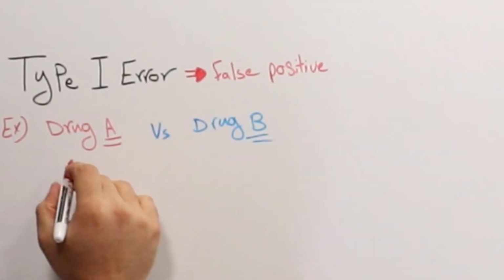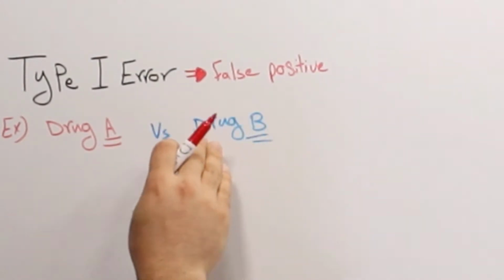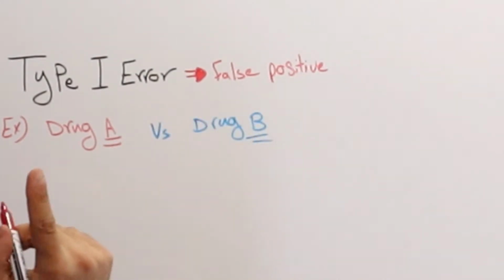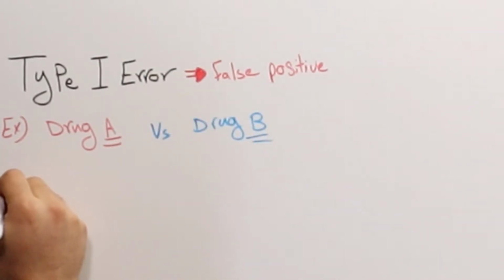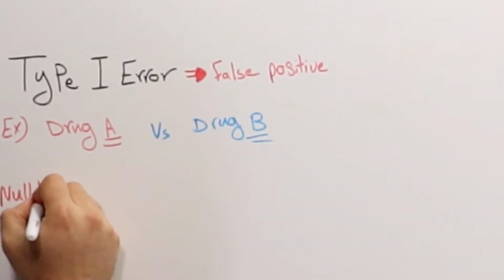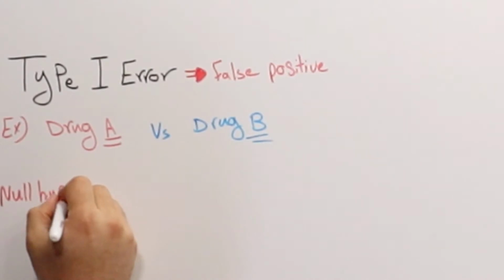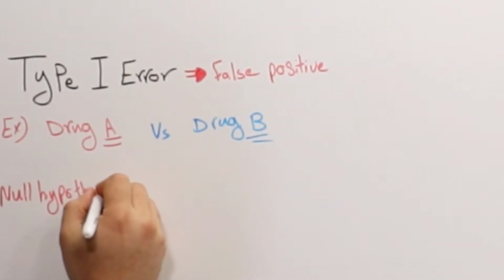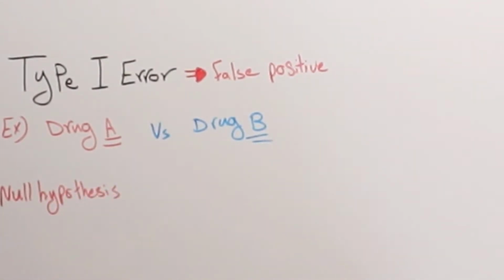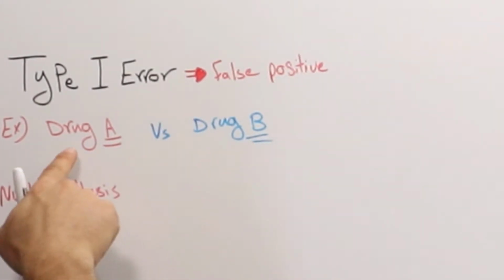So in this case, because their medication appeared better than the one that already exists in the market, we rejected the null hypothesis, where they were supposed to accept it because there was an error.